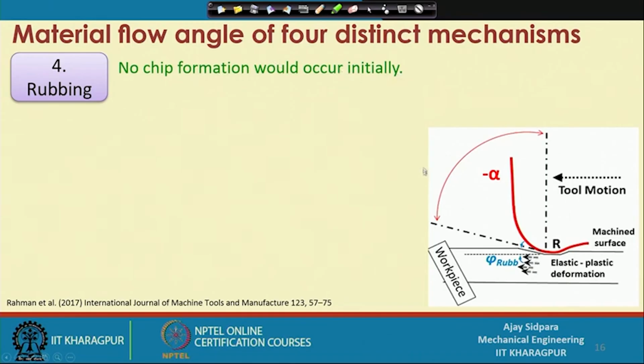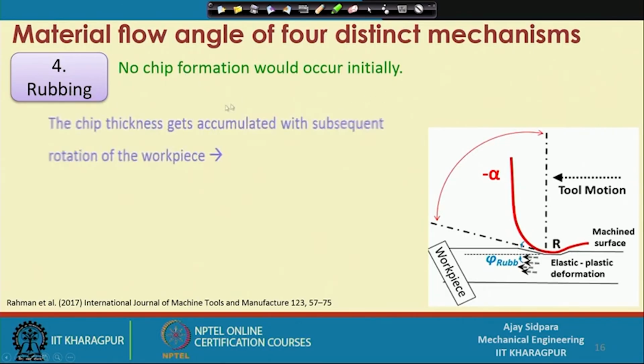Suppose you continue in this rubbing phase, sometimes without knowing what is happening at this location, and you continue the machining operation expecting that material is being removed and you are getting cutting, but actually the operation being processed is the rubbing process. If you continue in this case, initially you will not get any chip removal.